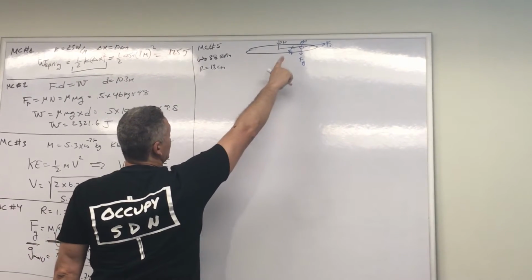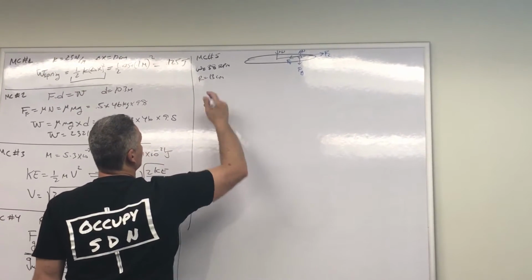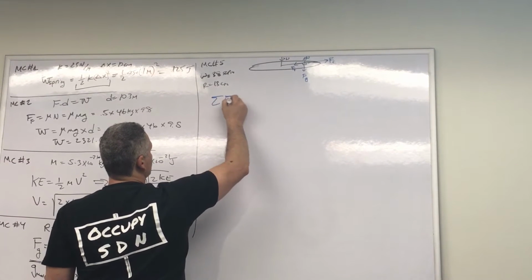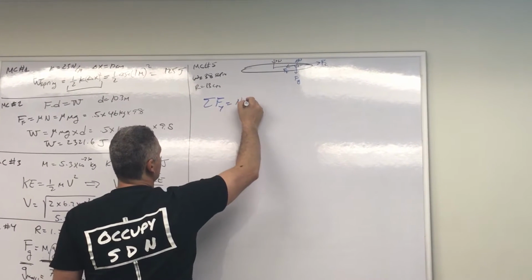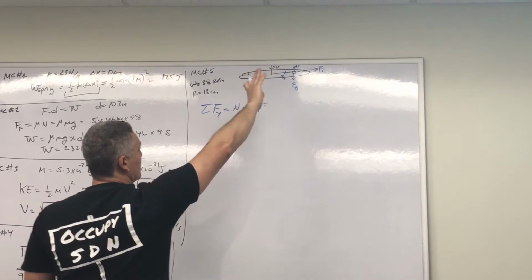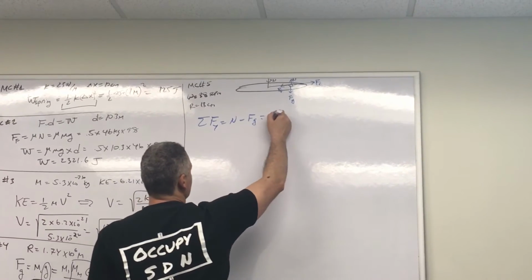So if we look at the up and down, the y direction, the sum of forces in the y direction is going to be the normal force minus the force of gravity. It's not leaving the disc up in the air, it's not going through the disc, so we assume it's going to be 0.